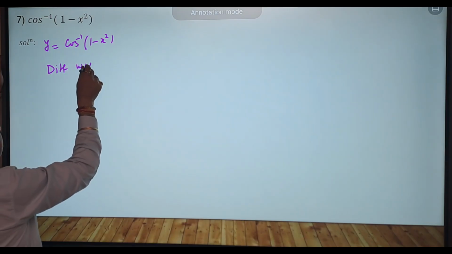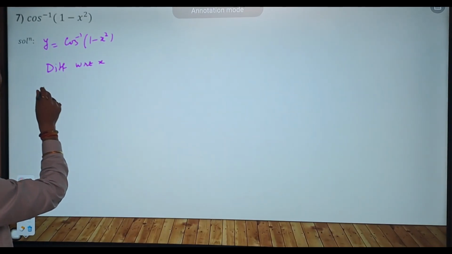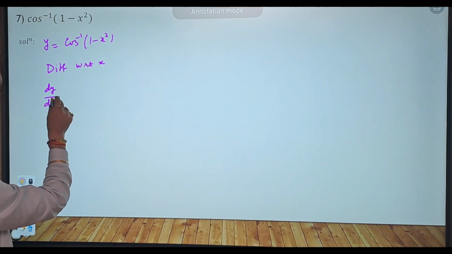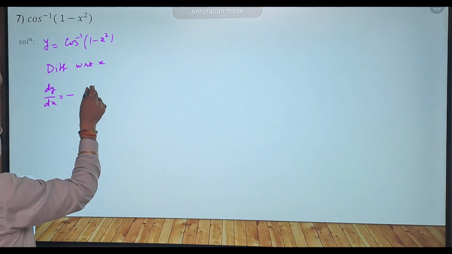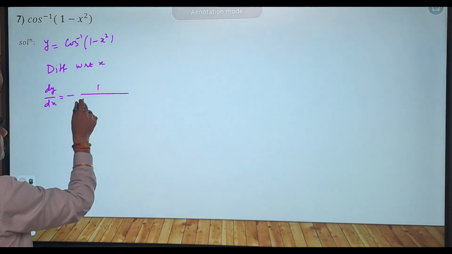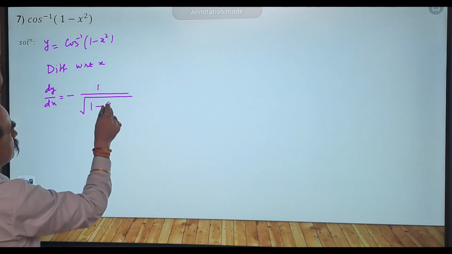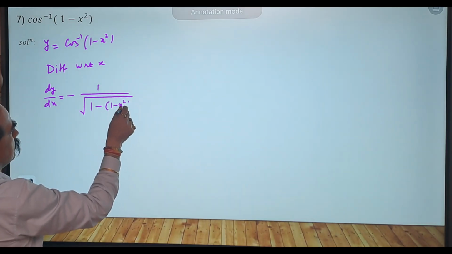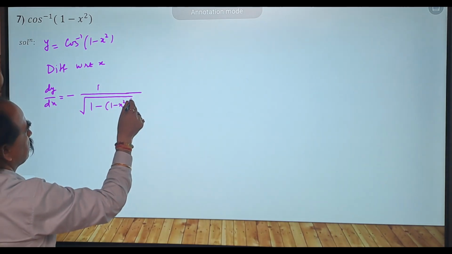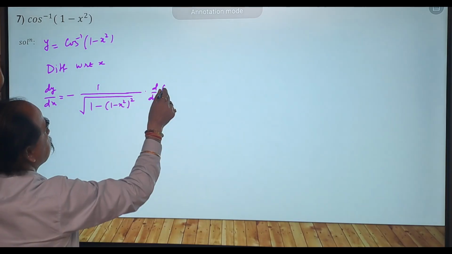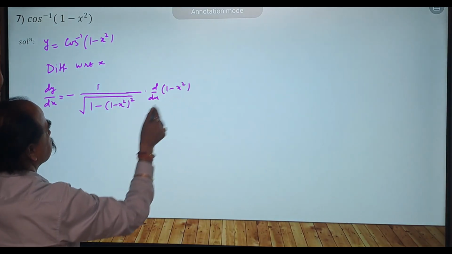Differentiating with respect to x. Derivative of cos inverse is what? Minus 1 upon root of 1 minus 1 minus x square into derivative of 1 minus x square.